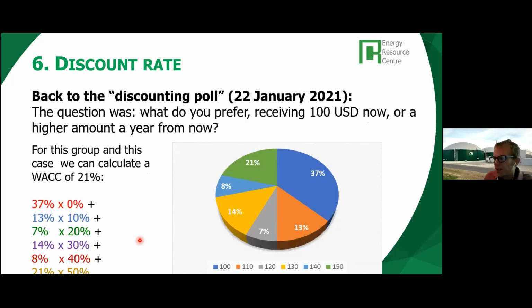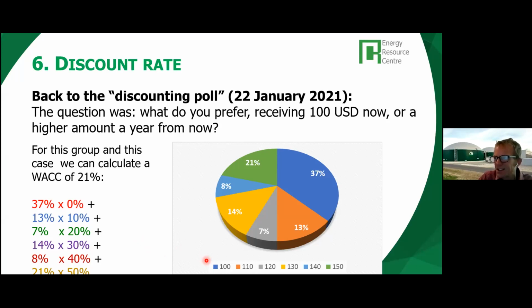I don't know if you remember the poll that we had two and a half, three weeks ago, where I asked you what you preferred: having $100 right now, or $100 or a higher amount a year from now. What we actually did there was determine the weighted average cost of capital as required by you as a group.